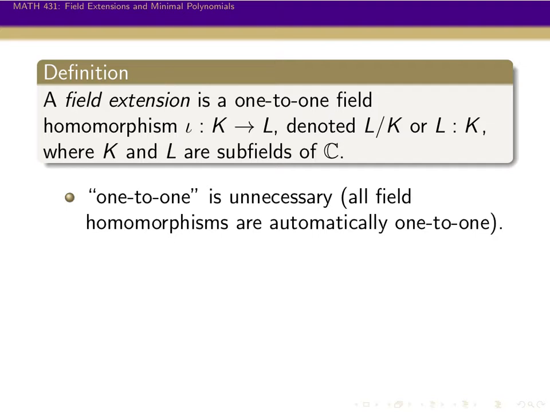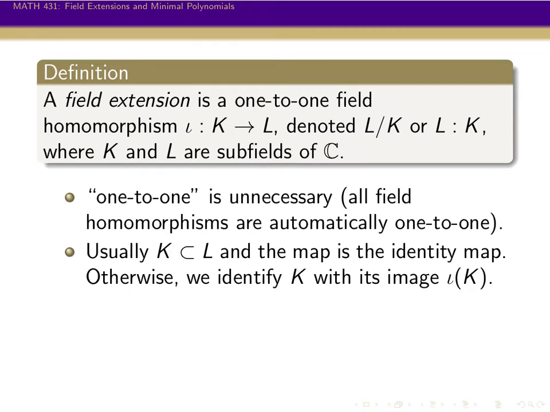But it's important when you're thinking about these that if you think about one-to-one maps, that's saying that in some sense the domain is no larger than the image. And that's really the key point that we want to get out of this, that K is inside of L in some sense. In fact, usually when we talk about field extensions, K will actually be a subset of L, in which case we can just take the homomorphism to be the identity map. That's a perfectly fine field homomorphism.